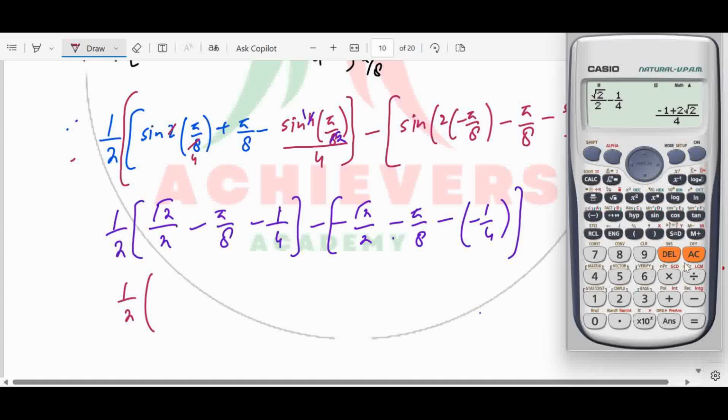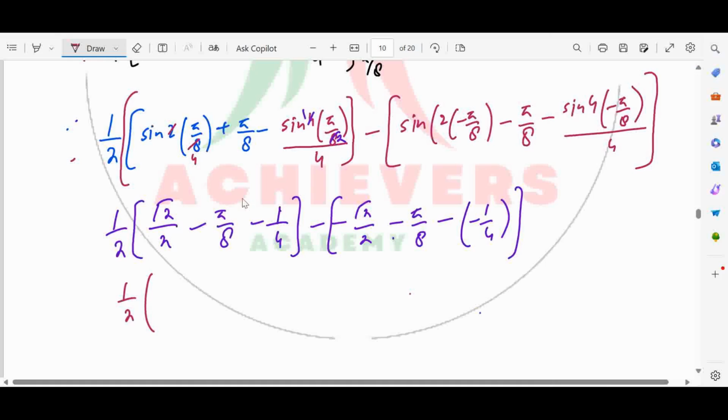This will be equals to, okay, we just need to first of all just write it as it is, 2 by 2. Let's see what will happen. Pi by 8 minus 1 by 4, then plus square root of 2 by 2, then plus pi by 8, then this will be minus, because this will become now plus and this will be minus 1 by 4.